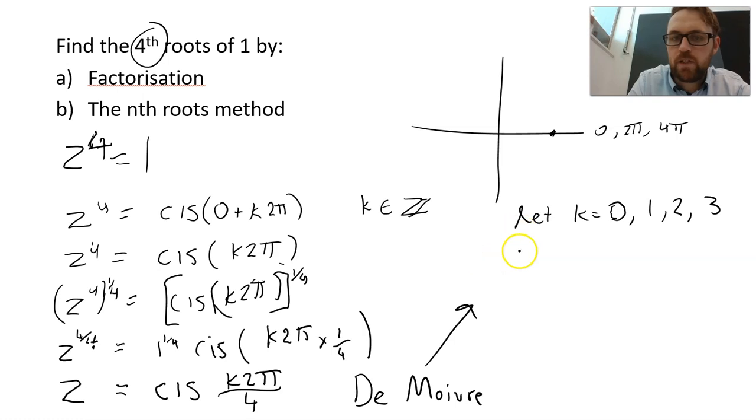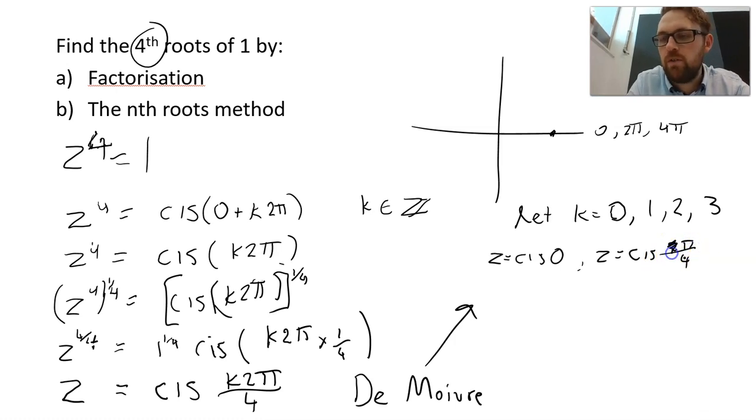So the first solution is going to be z equals cis of 0. Second solution is going to be z equals cis of, put 1 in, so it's going to be just 2 pi on 4. Now, if you've written pi on 2, that's the same thing as well.